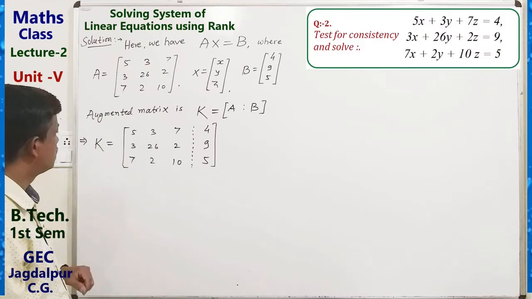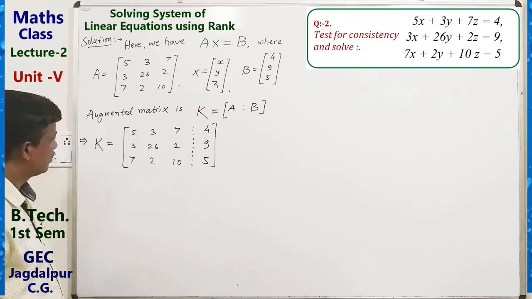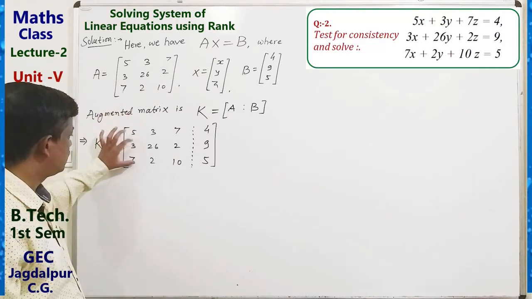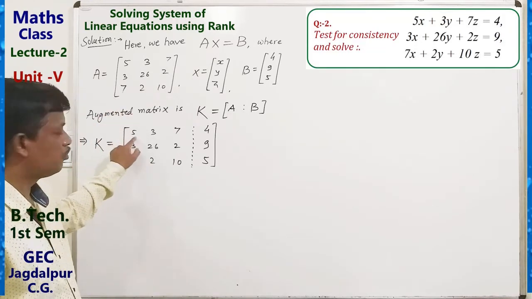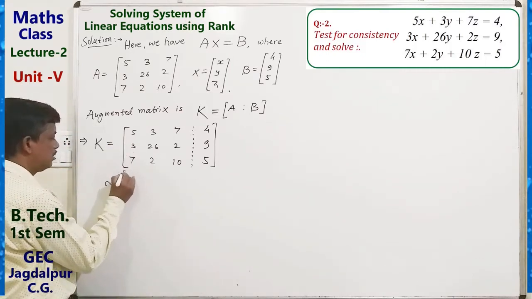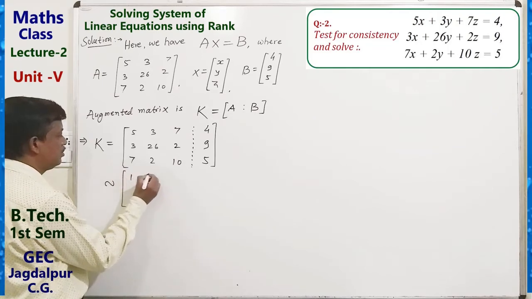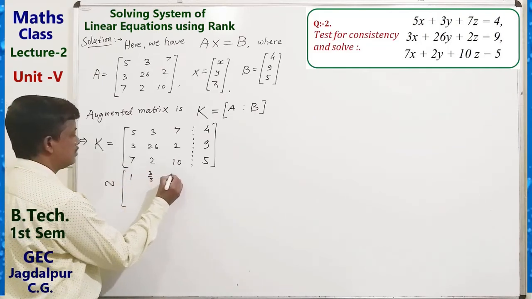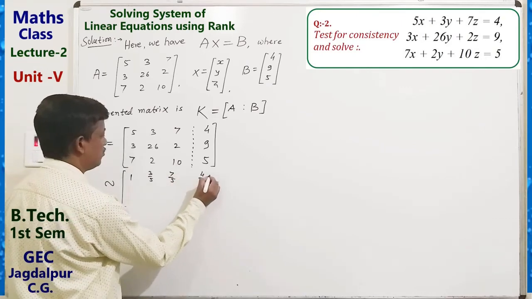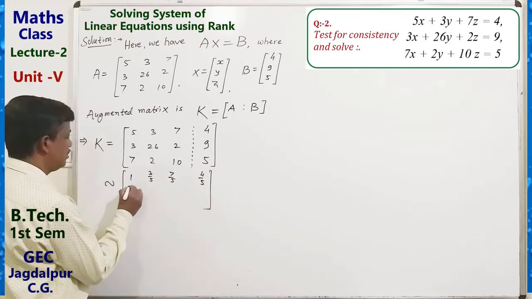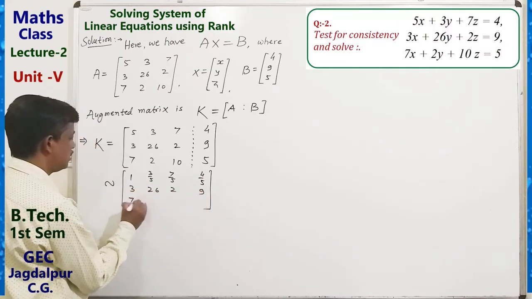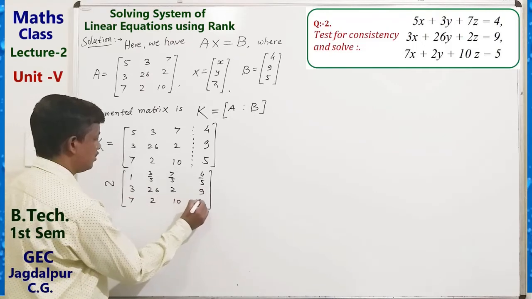For this, using this element, make it 0. See here, this is not 1, so just convert it to 1 by applying R1 times 1 by 5. The first row becomes 1, 3 by 5, 7 by 5, 4 by 5, and then 3, 26, 2, 9, and 7, 2, 10, 5.